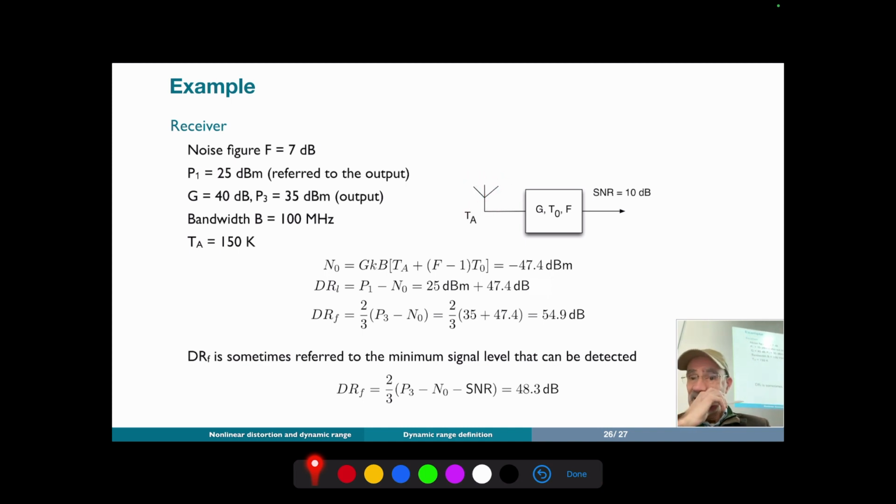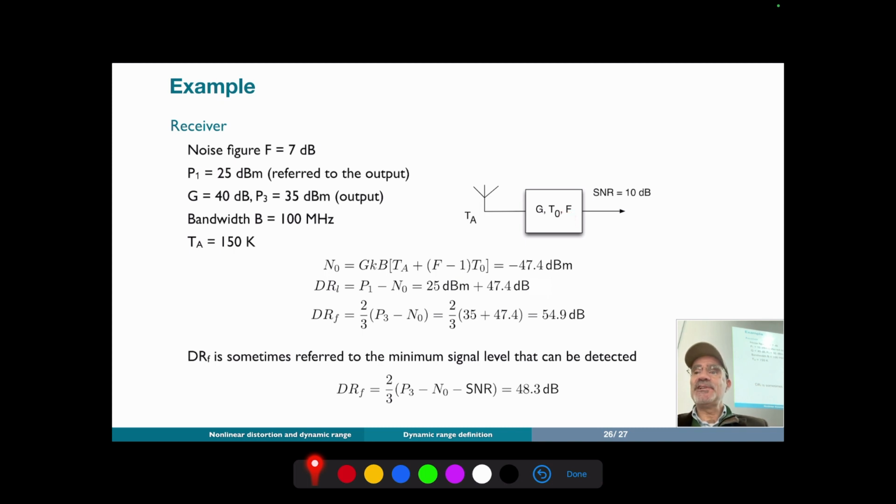This antenna is operating at a temperature of 150 Kelvin. Saying that the antenna is operating at this temperature is equivalent to specifying the noise generated by the antenna itself, right? Because this antenna is generating some thermal noise, and the thermal noise is quantified in terms of this equivalent noise temperature. Okay. If we start to calculate the total output noise power, we know the noise figure of the amplifier, which is 7 dB.